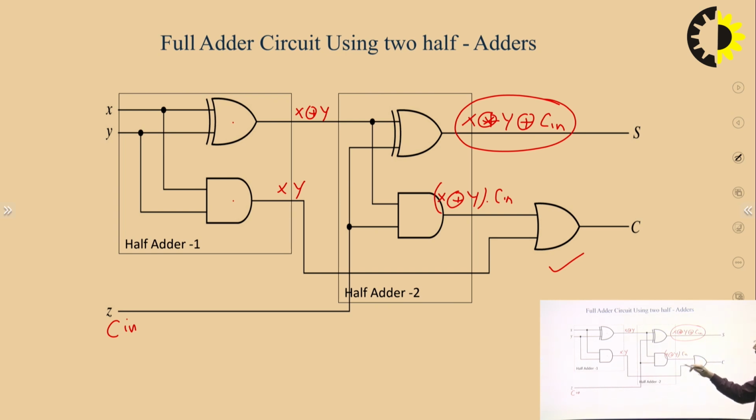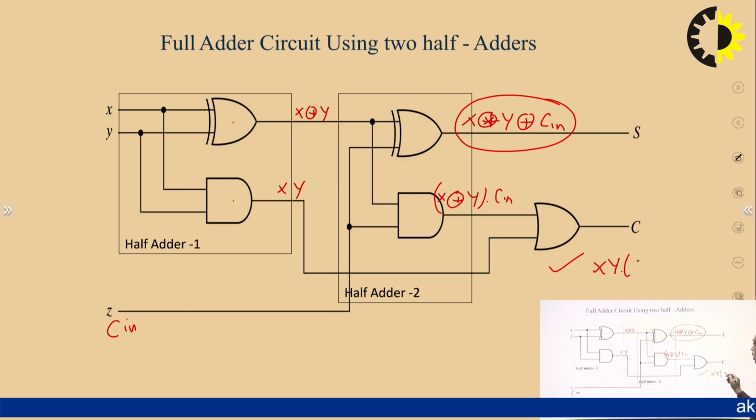And if we take the OR of this function and this xy, we have xy plus (x XOR y) dot C in.